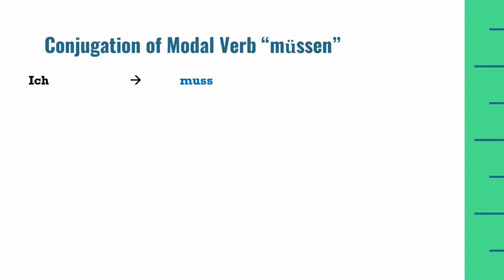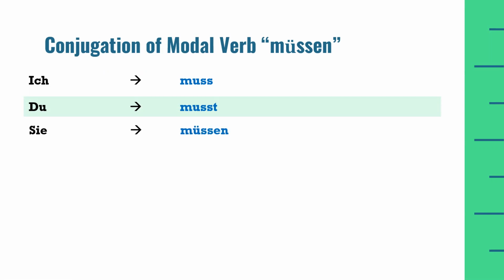If the subject of the sentence is ich, which means I, then the modal verb müssen will be conjugated to muss. If the subject of the sentence is du, which means you in an informal way, then the modal verb müssen will be conjugated to musst. If we use Sie as the subject of the sentence, which means you in a formal way, then the conjugation of müssen will remain the same.